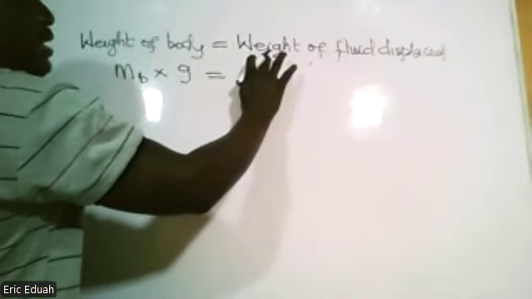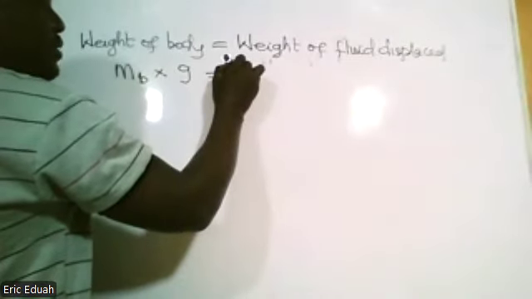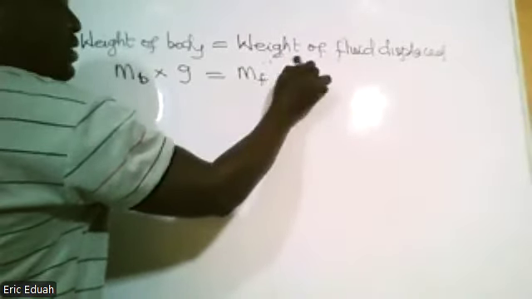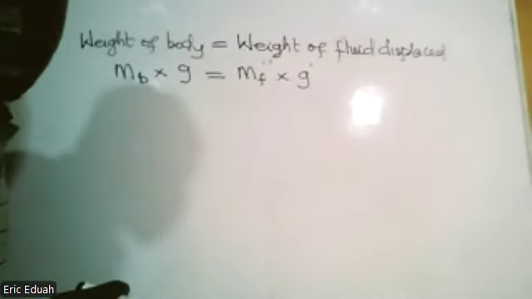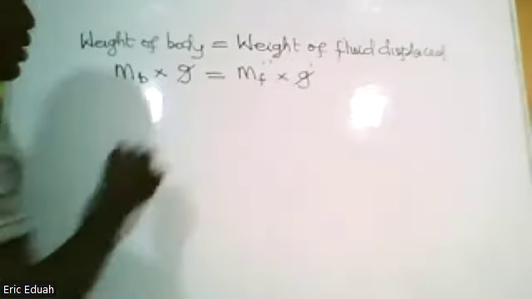Then weight of the fluid displaced can also be mass of the fluid times gravity, and gravity is constant on the surface of Earth. So g will cancel out.